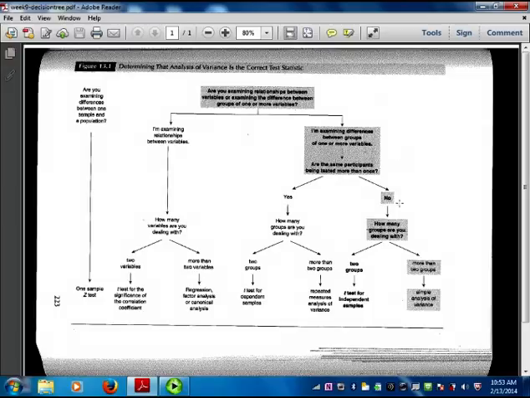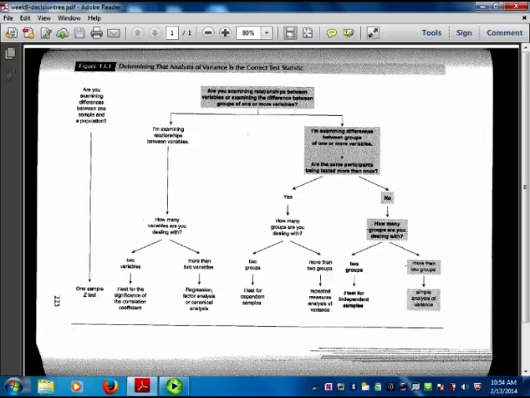On the other side, if the same participants are not being tested more than once, which means the participants are only being tested once, like gender, then in this case you say no. Then it asks how many groups are you dealing with, 2 groups or 3 groups?